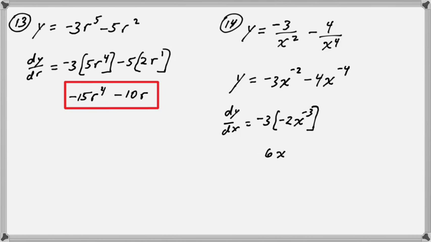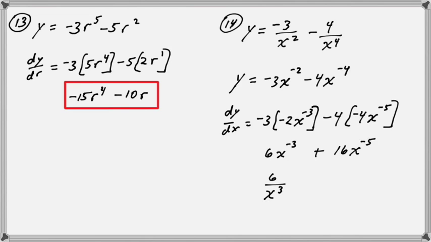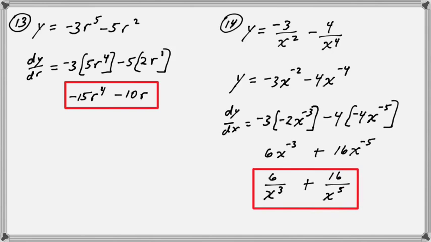So that's 6x to the negative 3, or 6 over x to the third. Here I'm going to keep the negative 4 out, power times base to 1 less power. 1 less than negative 4 being negative 5. I think that's a plus 16 with an x to the negative 5. So something like these. Again, I don't want negative exponents.